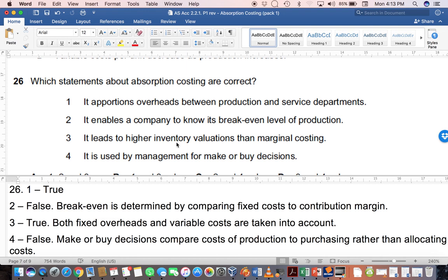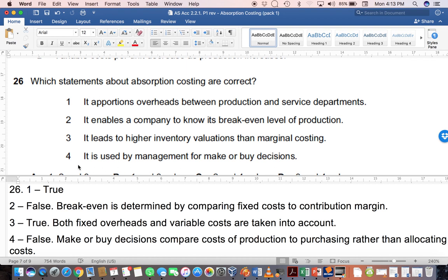This is true. Remember that your absorption costing is allocating your overheads to a cost per product, whereas marginal costing looks only at the variable costs per product and does not take fixed overheads into account. So number 3 is also true.